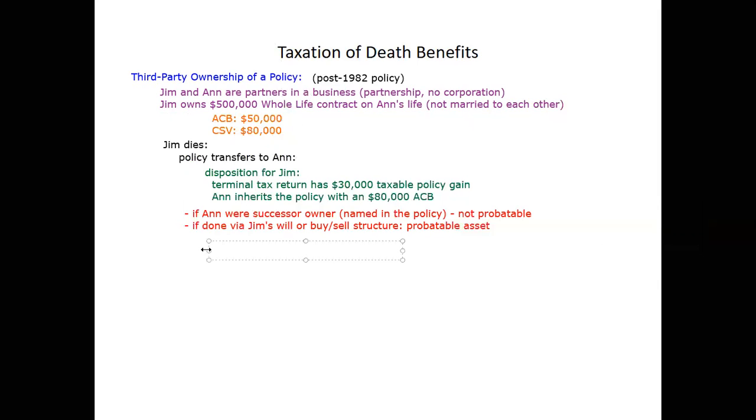Conversely, if this had transferred to Jim's wife, then a rollover applies. Then you would use the spousal rollover. And the policy would have a $50,000 ACB.